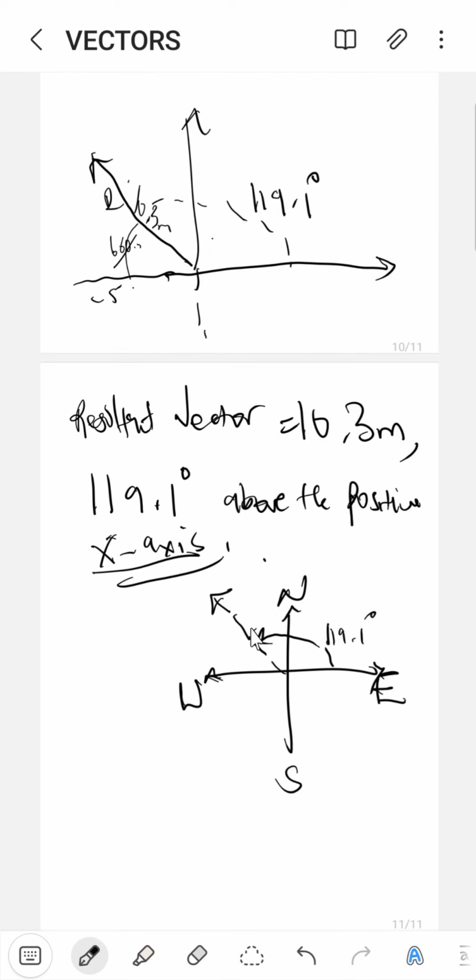This angle here, you can denote as west of north, since this is your north. You can find this small angle and say the resultant vector of 10.3 is situated west of north, which just signifies this portion from north.